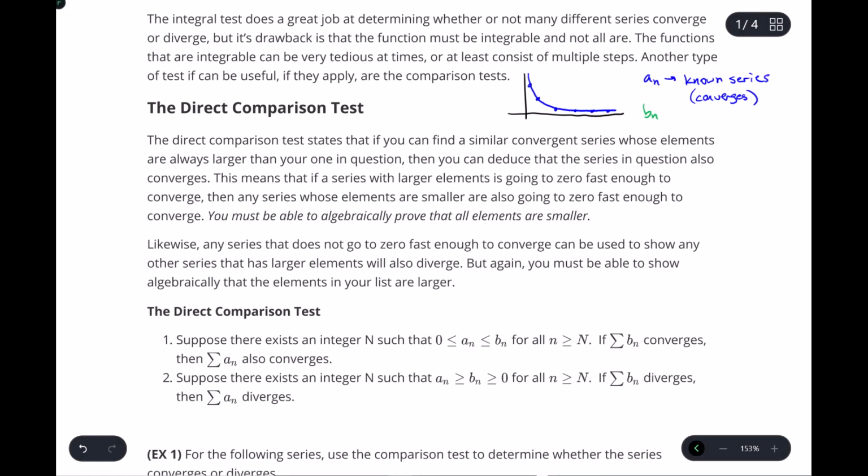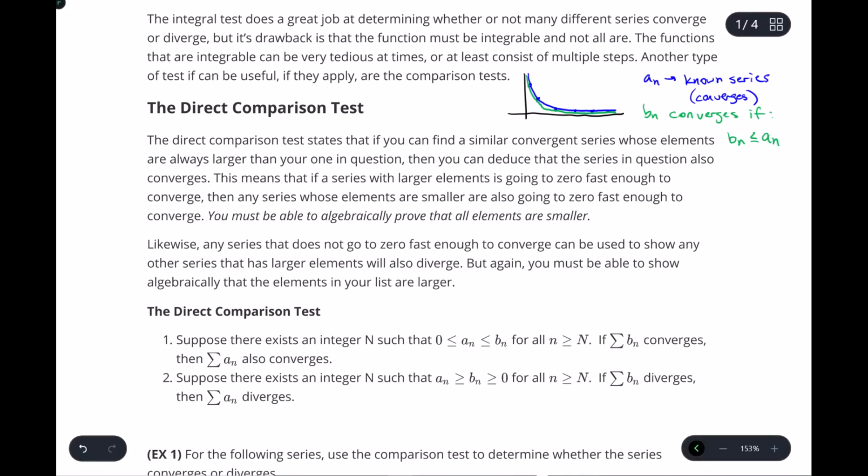Now, if all of the elements of b sub n happen to be smaller, well, if a sub n is going to 0 fast enough to converge, then b sub n would be going fast enough to converge. So b sub n would converge if all the elements of b sub n are less than or equal to all the elements of a sub n.